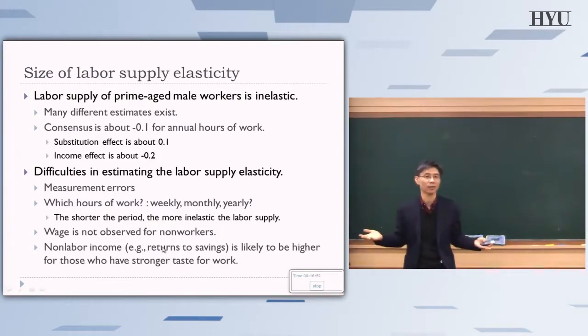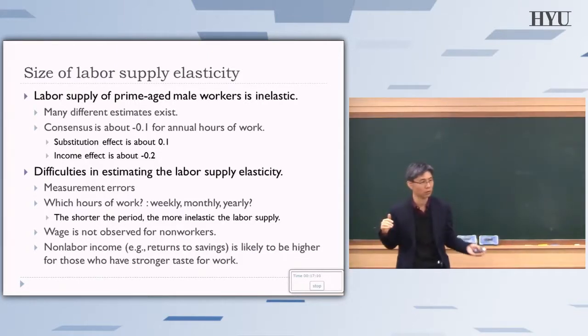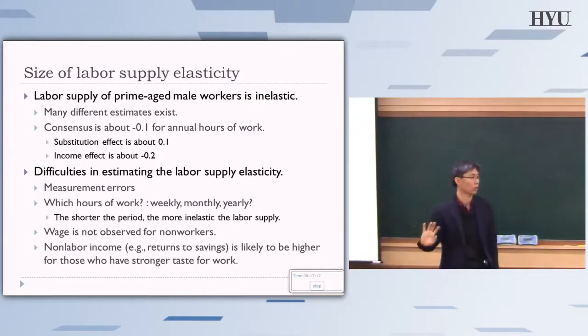So what does it mean? In general, when you look at the data, people with high wage generally have high non-labor income. Why? Because they could have saved lots of money while they were young, let's say. And people with low wages generally do not have much non-labor income. They don't have property.